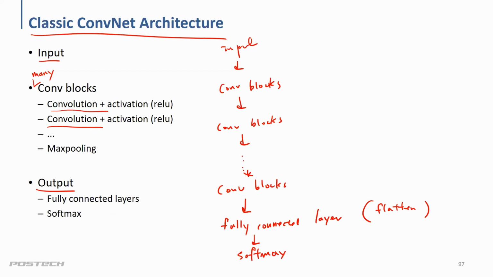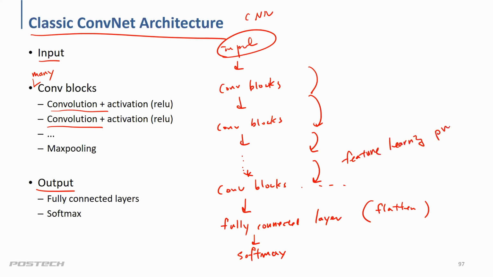By having this kind of structure, everything up to here is a kind of feature learning process based on the image. That's the general structure of a classical CNN.